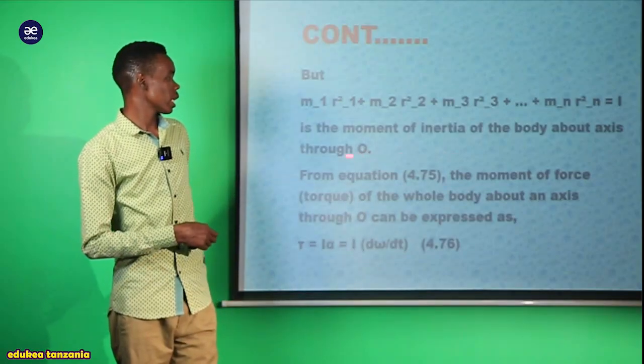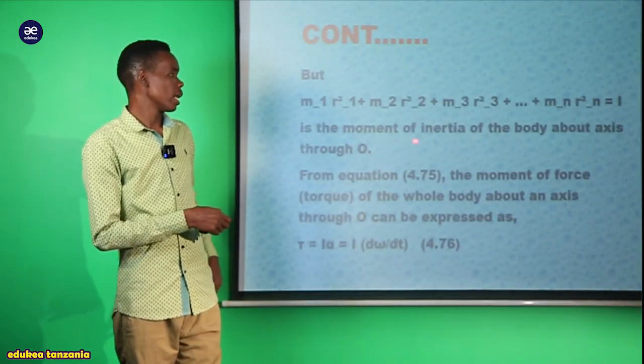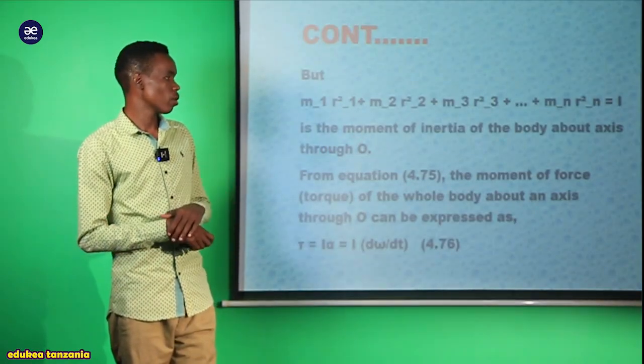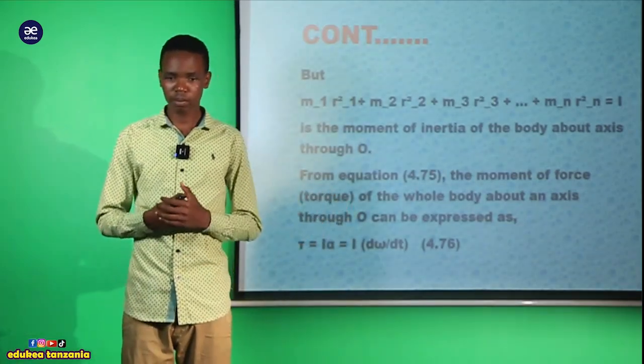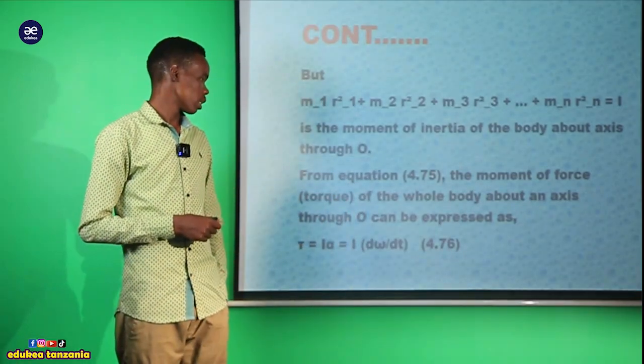So we could say that this I is the moment of inertia of the body about an axis through the point O. This might be represented as this.